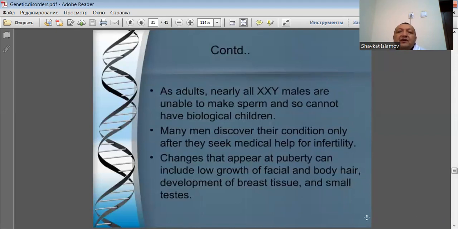Not all XXY males are able to make sperm, and so can have biological children. Men often discover the condition only after they seek medical help for infertility.